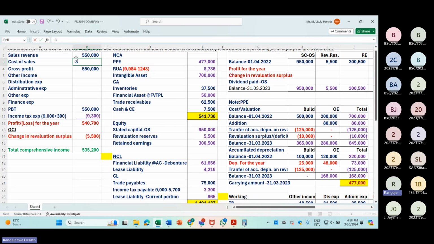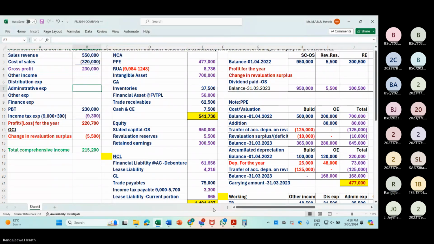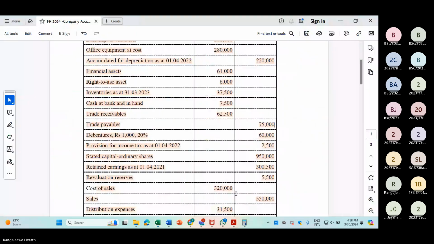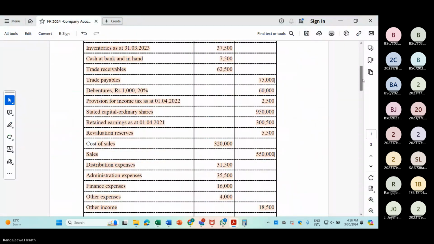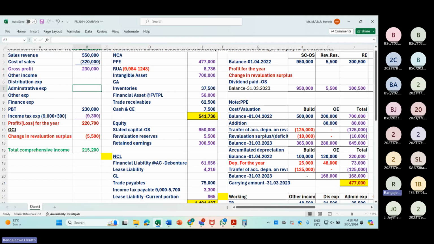Cost of sales 320,000. So the difference, gross profit, is a calculated figure. And finally, we have the dividend 12,000, which you can take into the statement of changes in equity.